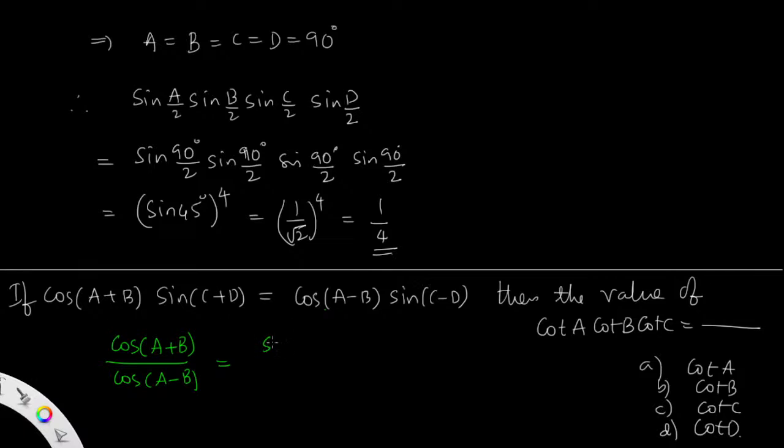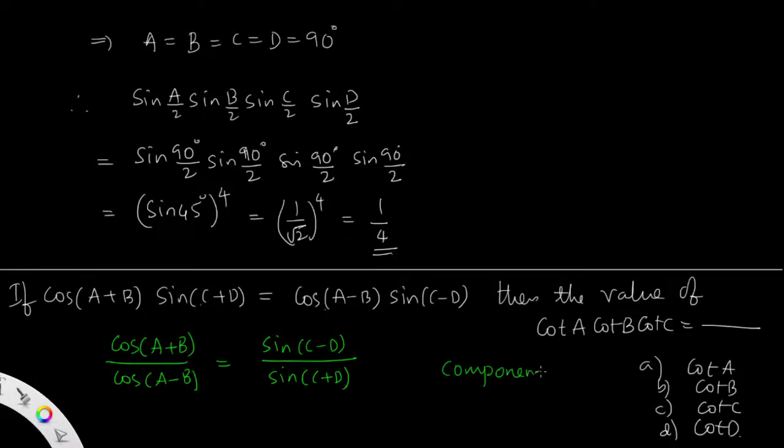Similarly, this is sin of C minus D, I am writing, divided by this term down, then sin of C plus D. Okay, so all terms on one side: cos terms on one side and sine terms on one side, cos A plus B downside as cos A minus B, and sin C minus D downside by sin C plus D. Okay, now observe this, it is in the form of what formula? The componendo and dividendo formula we have learned.